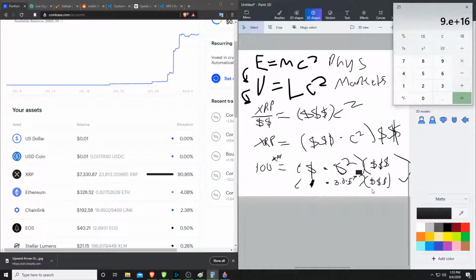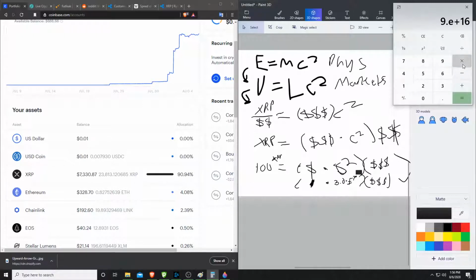Times the amount of dollar bills that we have in XRP.